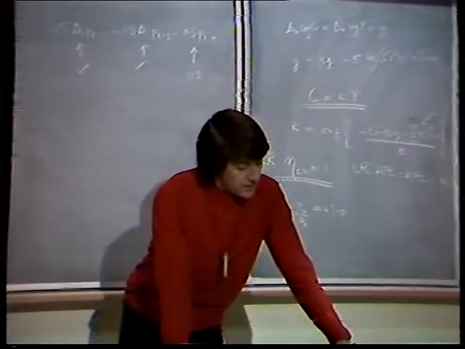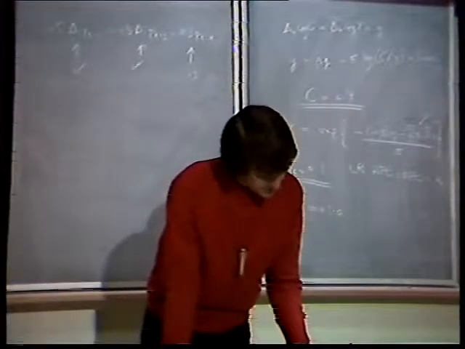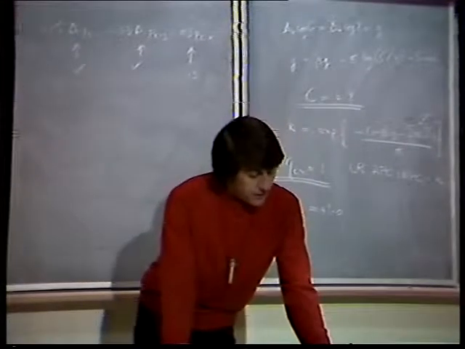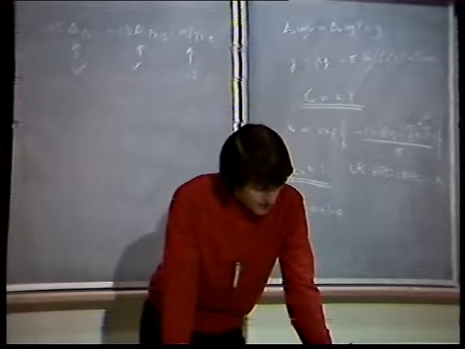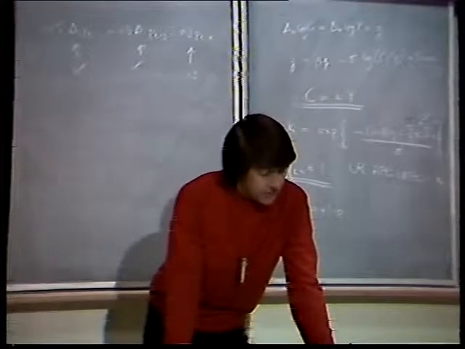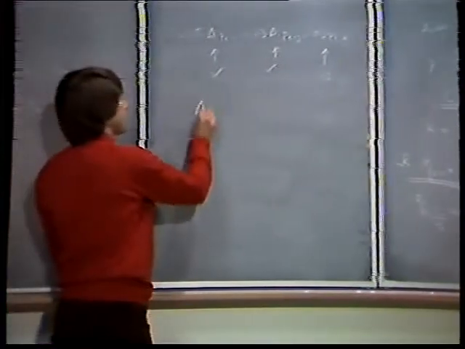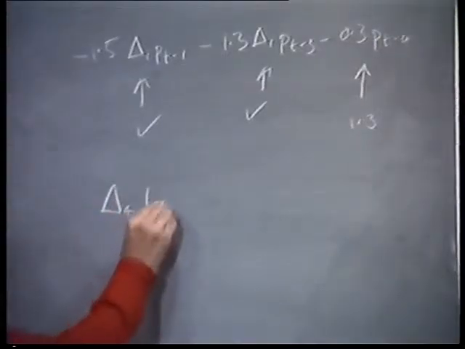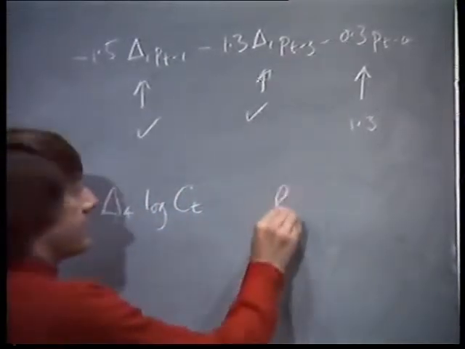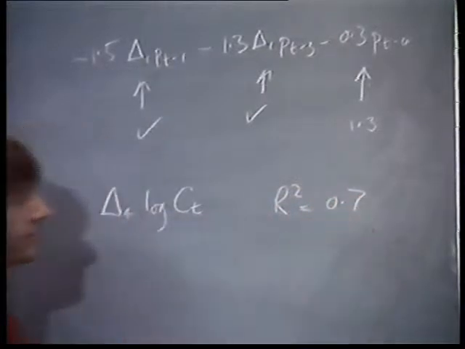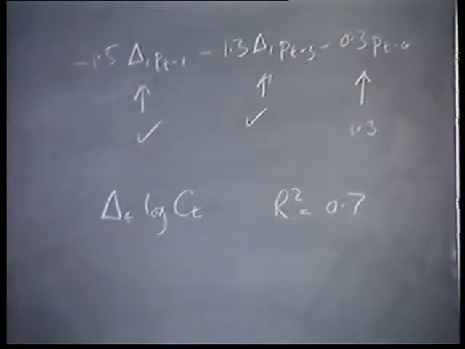And in fact, Model D does perform quite well in explaining consumption. Because if we look at the other statistics for those results, we have quite a high value of R squared, remembering that this is the R squared for a dependent variable, which is delta 4 of the log of C t. And the R squared is 0.7, which is a high value for a dependent variable of this type.